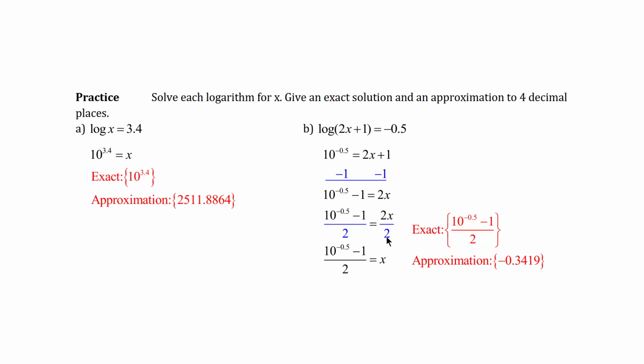After simplifying, the result is (10 to the negative 0.5 power minus 1) over 2 equals x. For the exact answer, we write a set of curly brackets and (10 to the negative 0.5 power minus 1) over 2. For the approximation, I have a set of curly brackets and negative 0.3419 on the inside.